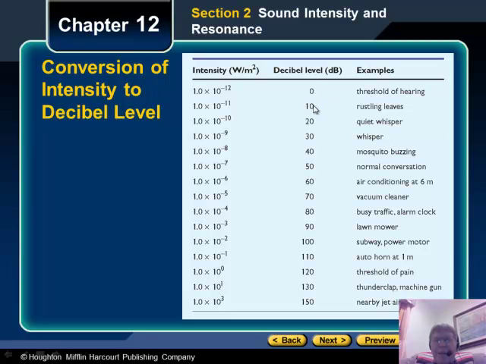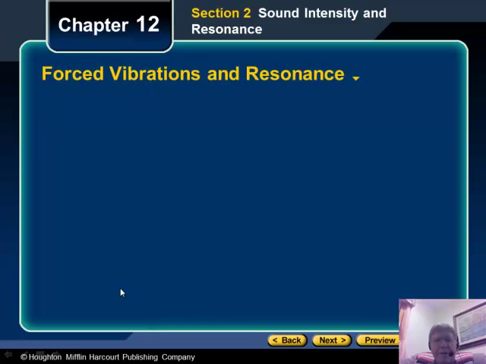Generally, an increase of 10 decibels means it's twice as loud. That's a good approximation. So if the loudness goes up by 10 decibels, it's twice as loud. So going from 50 to 70 decibels, the 70 decibel noise would be 4 times as loud as the 50 decibel noise.